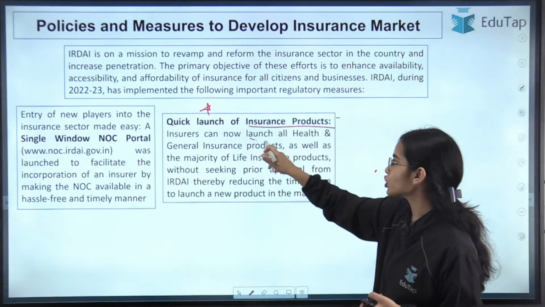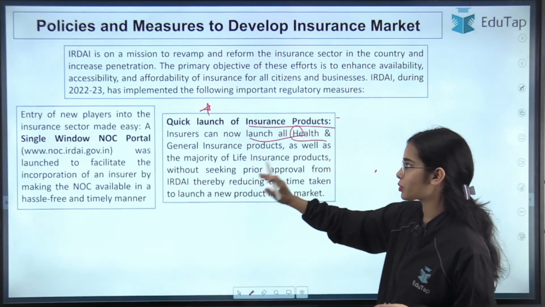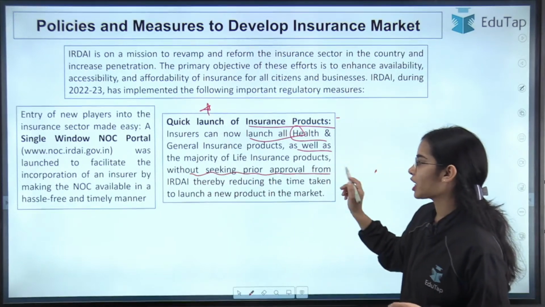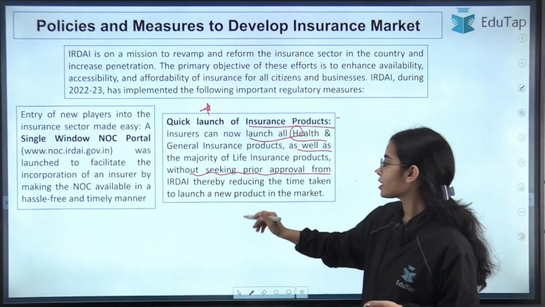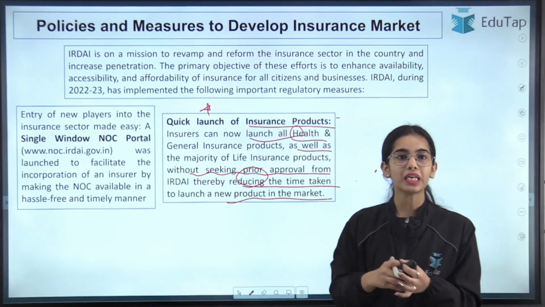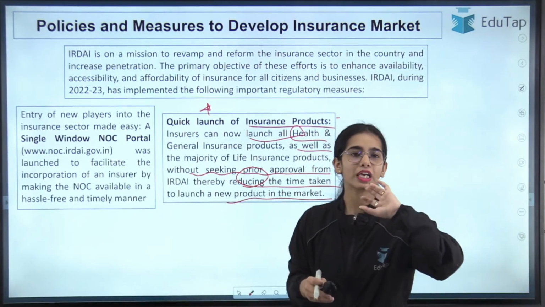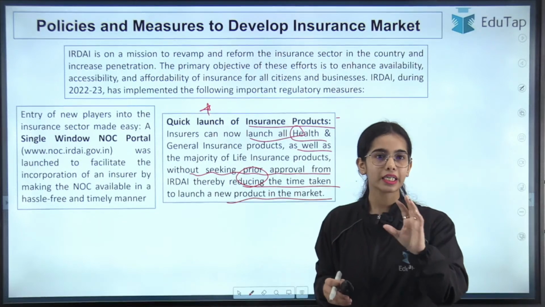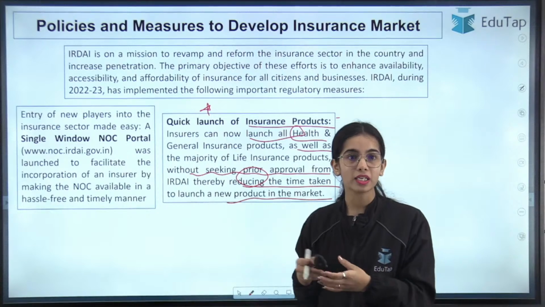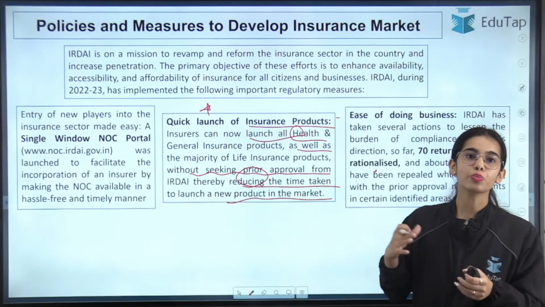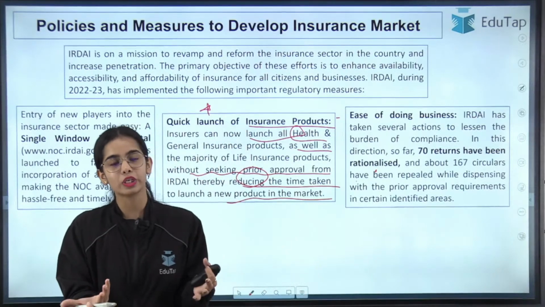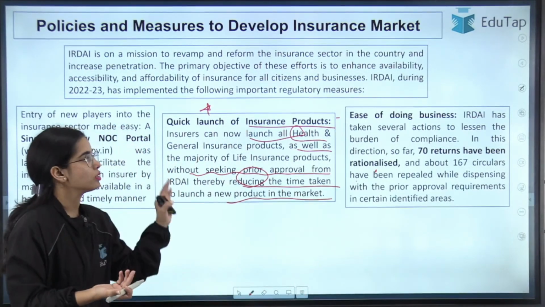Insurers can now launch all health and general insurance products as well as the majority of life insurance products without seeking prior approval from IRDAI, thereby reducing the time taken to launch a new product in the market. So simply, if you are in the health insurance market, in whichever segment you are conducting your business, you will be able to do the business and launch the new products in a hassle-free and timely manner, because you do not have to take permissions for most of the different products.